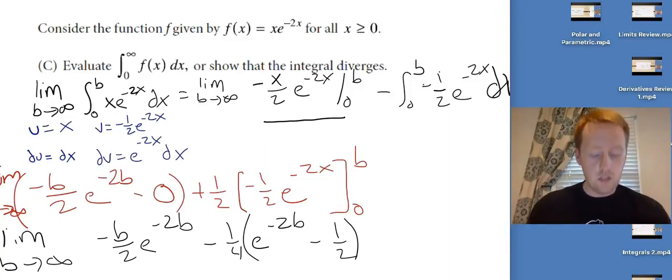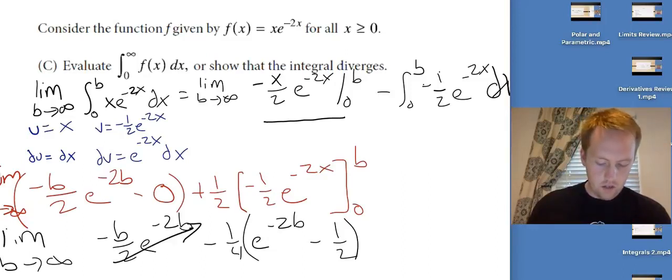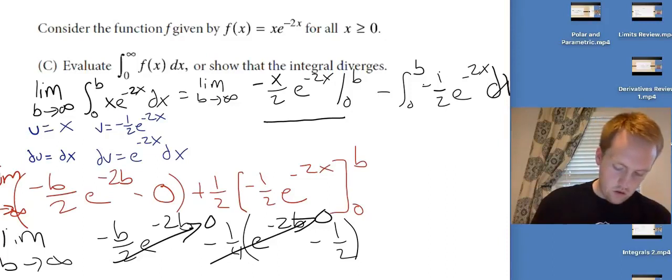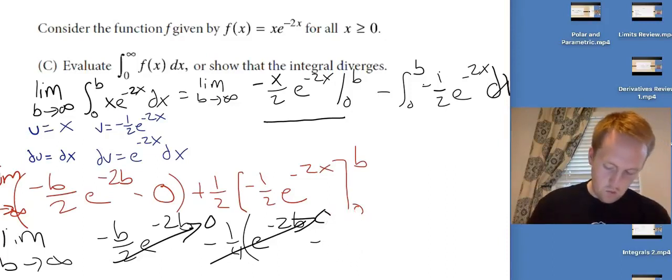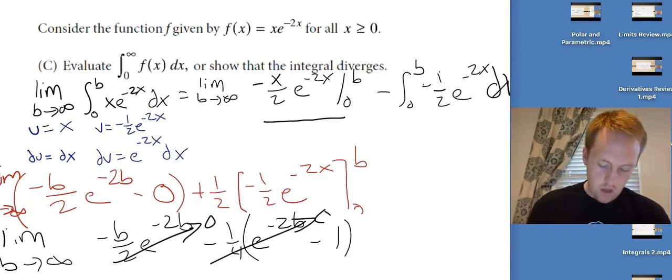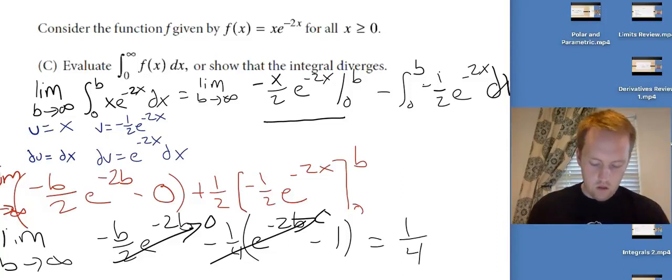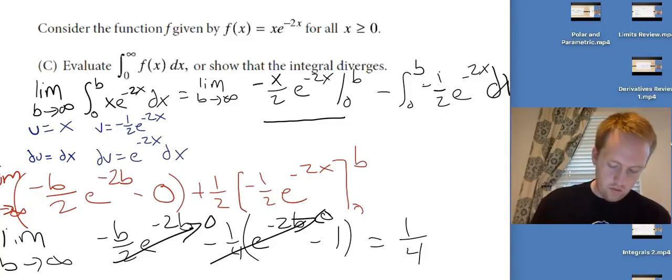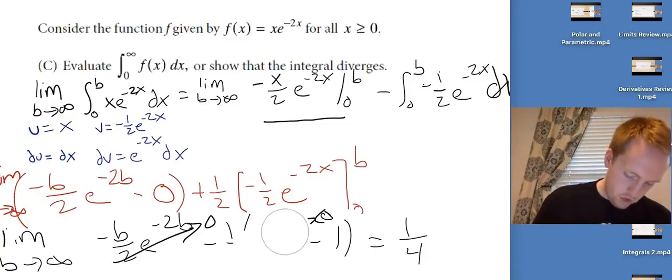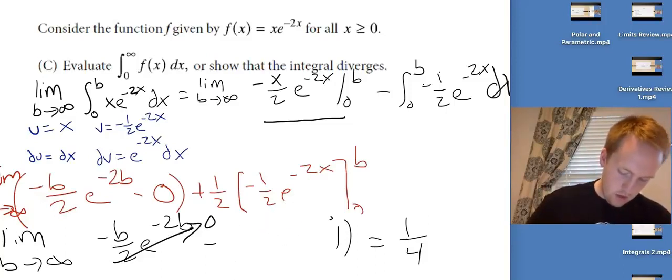Okay, so as b goes to infinity, this is going to go to 0. This is going to go to 0. Sorry, this should have been a 1 because I forgot I factored out that negative 1/2. So then all I'm left with is negative 1/4 times negative 1, so this is positive 1/4. Make sure this is a little clearer for you guys to see. Negative 1/4.